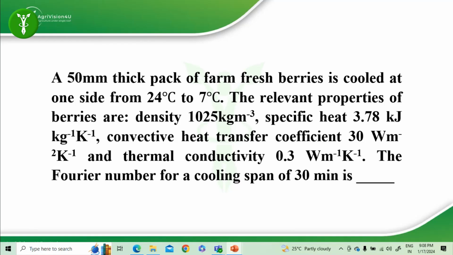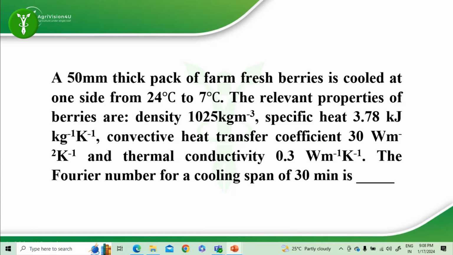The relevant properties of berries are: density 1025 kg per meter cube, specific heat 3.78 kilojoule per kg per Kelvin, convective heat transfer coefficient 30 watt per meter square per Kelvin, and thermal conductivity 0.3 watt per meter per Kelvin. We are supposed to calculate the Fourier number for a cooling span of 30 minutes.